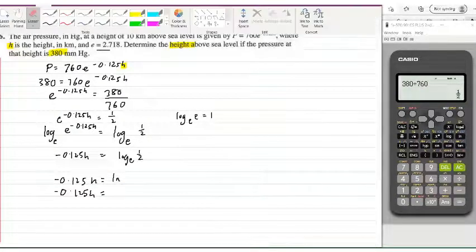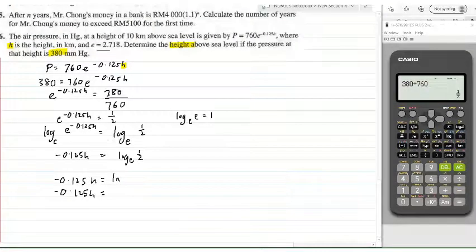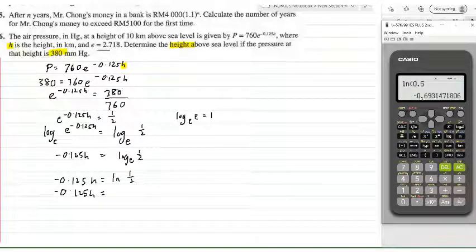It's not ln e, it is log e of 1 over 2, that is ln 1 over 2. Ln 1 over 2 is equal to negative 0.693, a negative number.